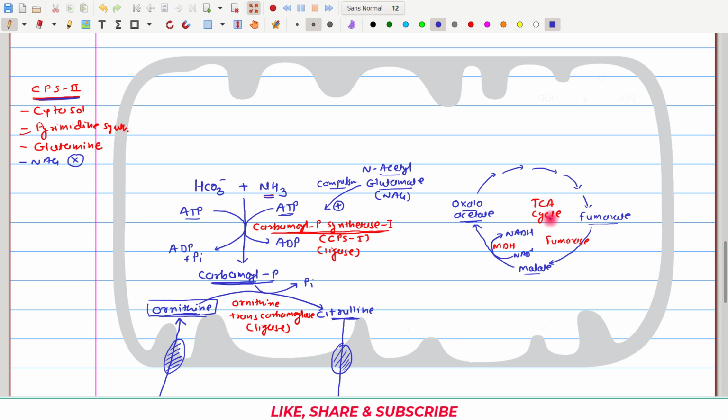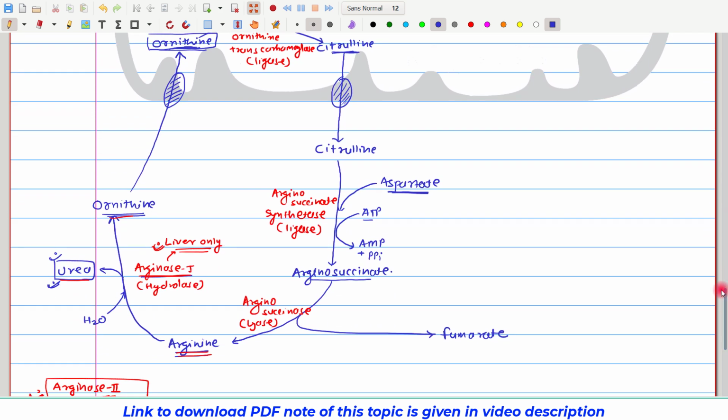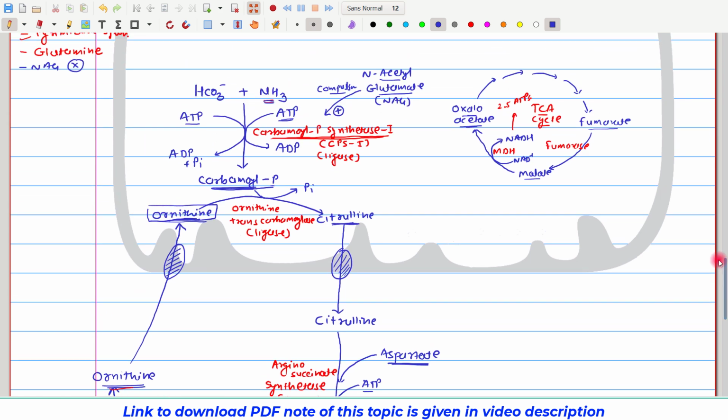Now, this NADH can generate 2.5 ATPs. Now you might be thinking how this TCA cycle is connected with this urea cycle. So the answer is that here, as you can see, fumarate is generated, and this fumarate is also participating in the TCA cycle.